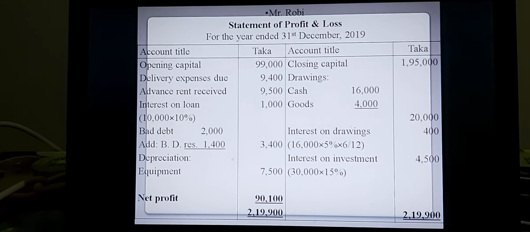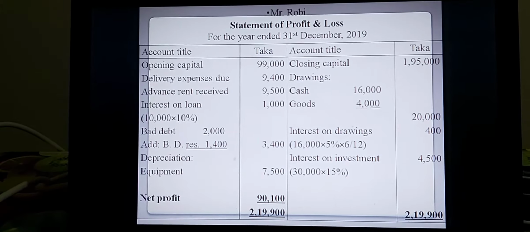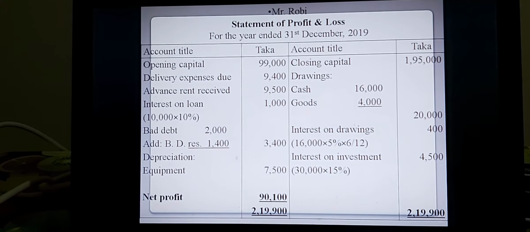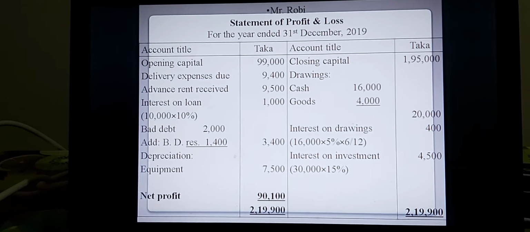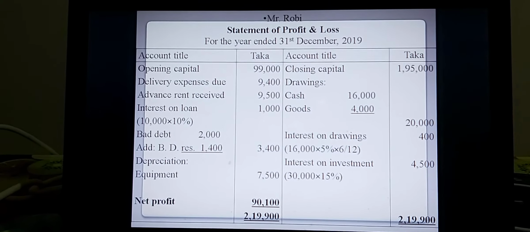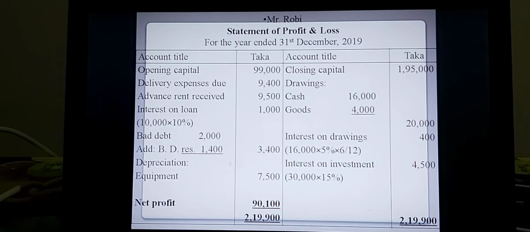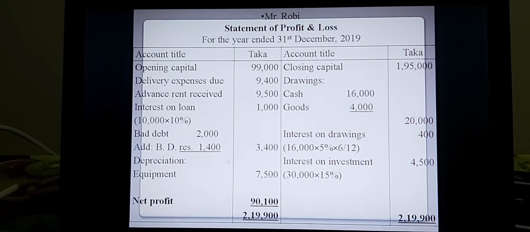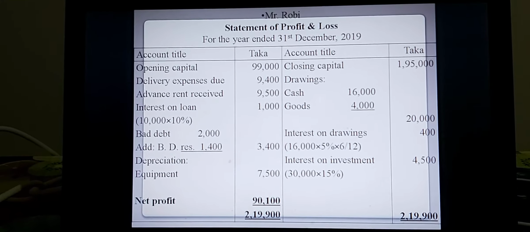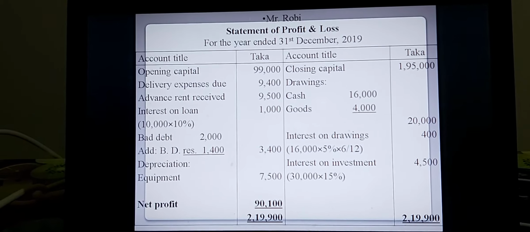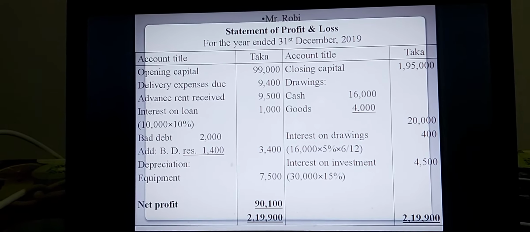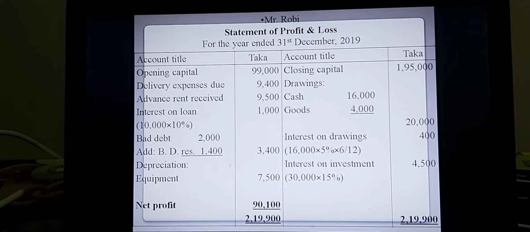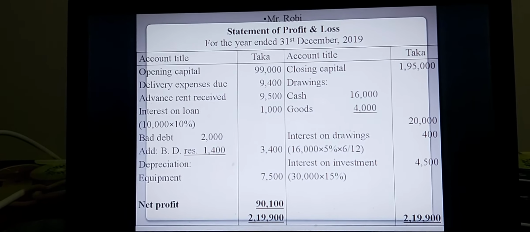But the missing amount on the left side of the statement of profit and loss is 90,100. You know, if any amount is missing or in suspense on the left side of the statement of profit and loss, then it is indicated as the net profit of the business. So the net profit of the business of Mr. Ravi is taka 90,100.